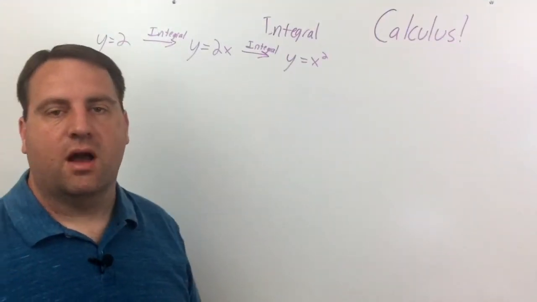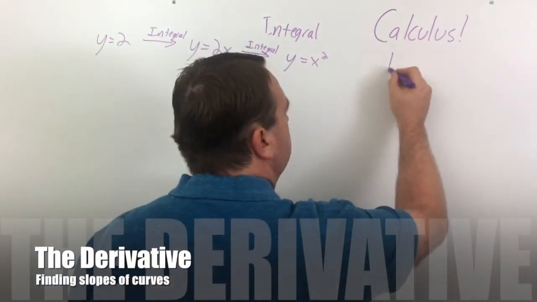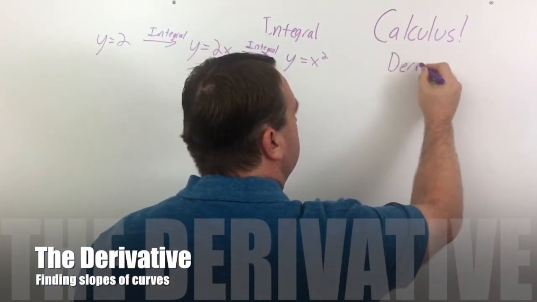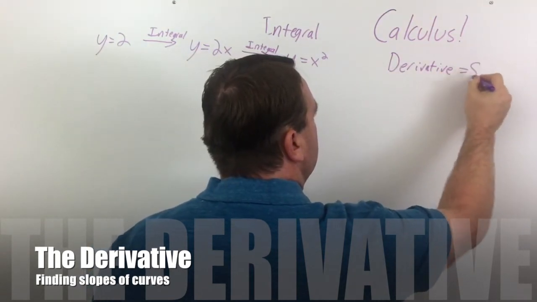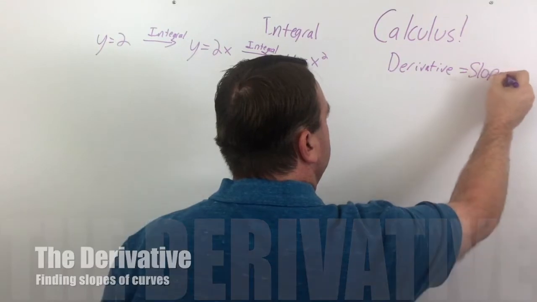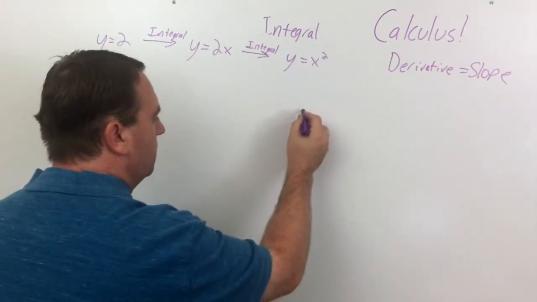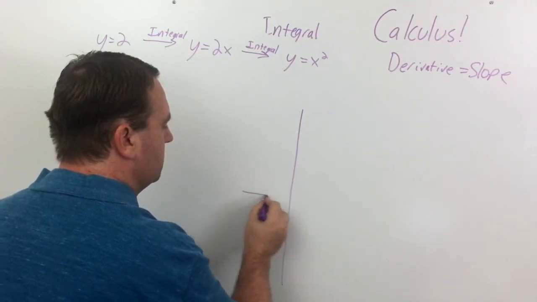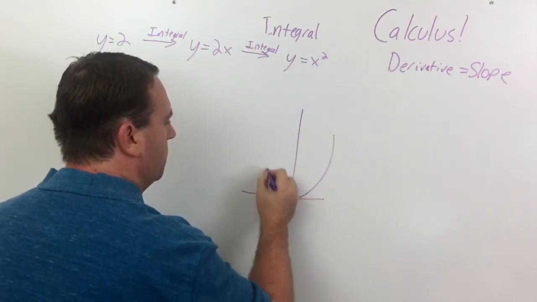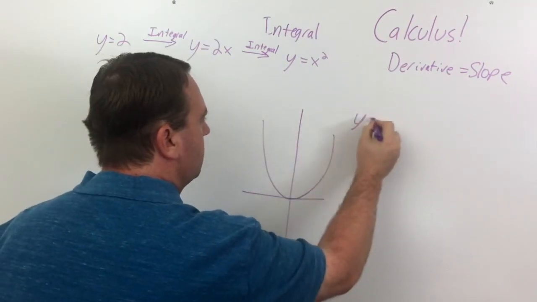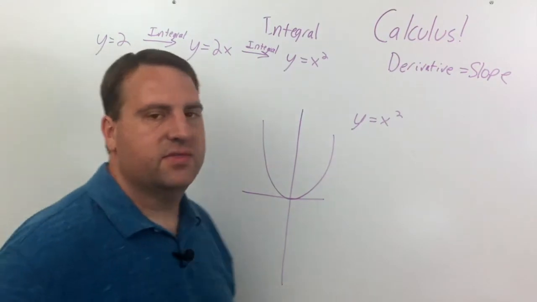The other operation of calculus is the derivative. And the derivative tells you the slope. Okay, so let's go and look at our trusty equation. y equals x squared. Now, what does it mean to find the slope?